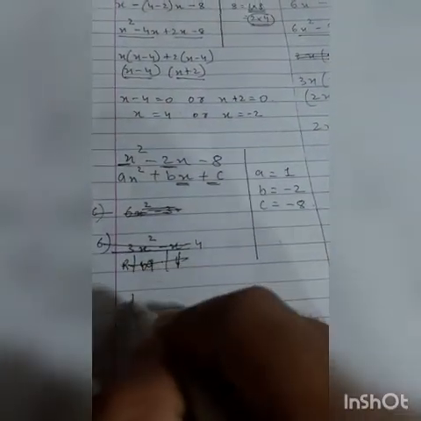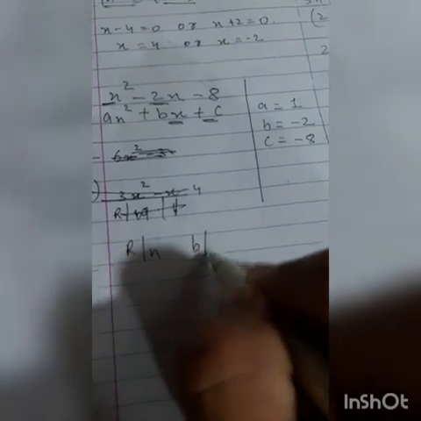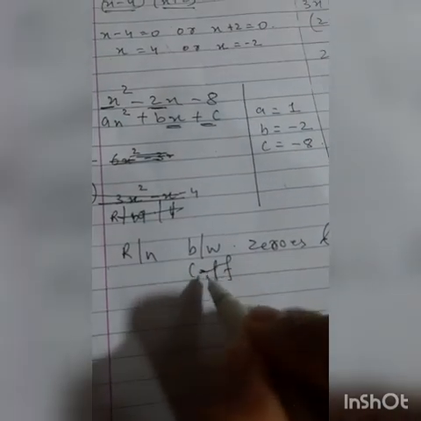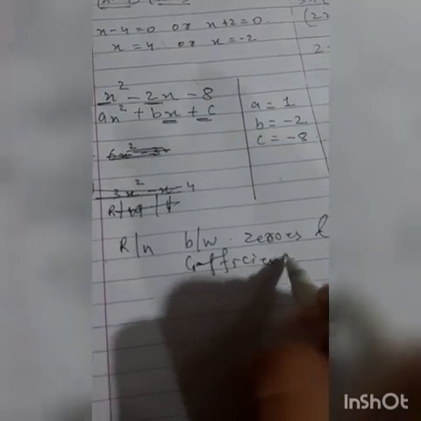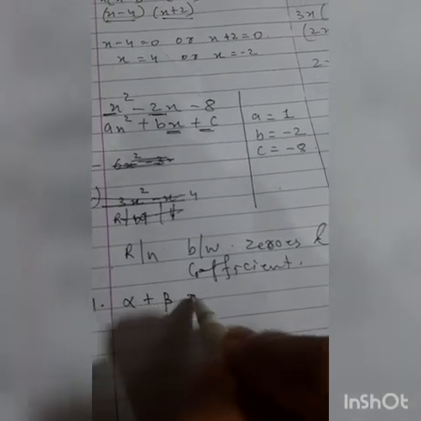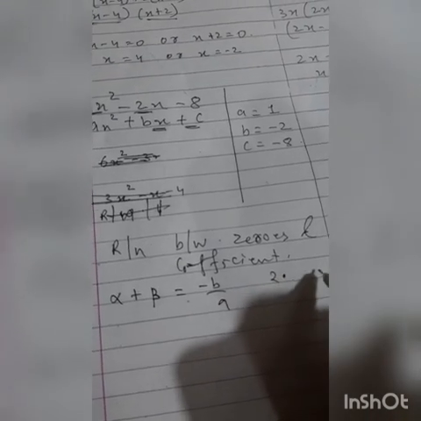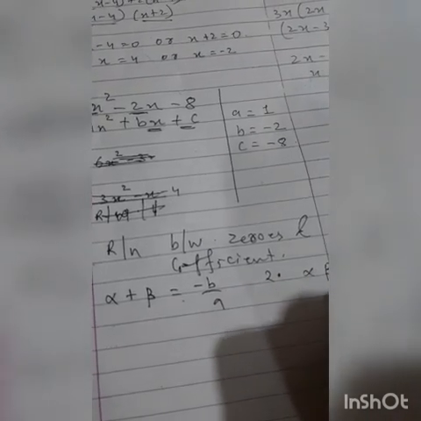You need to verify the relation between zeros and coefficients. First is alpha plus beta is equal to minus b by a, and second is alpha into beta is equal to c by a.